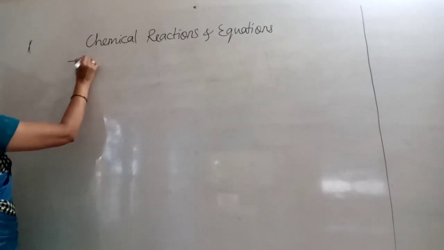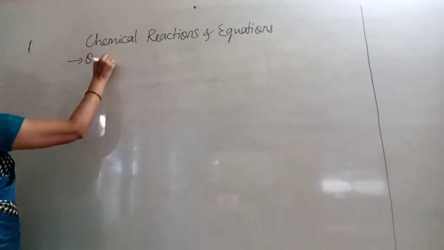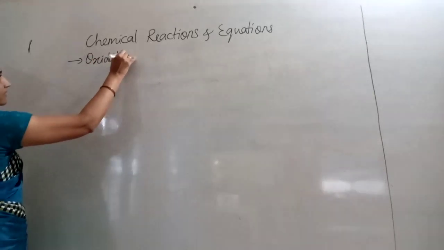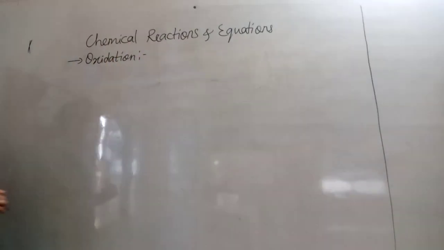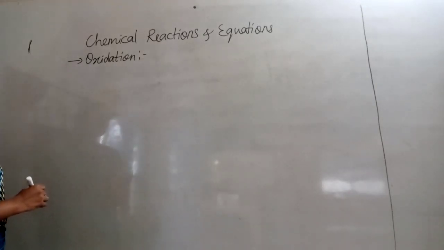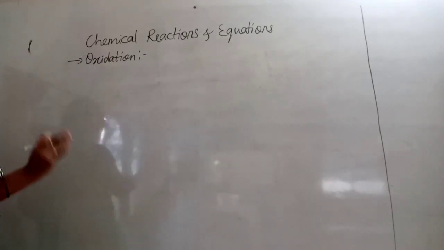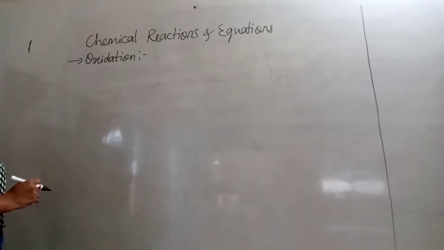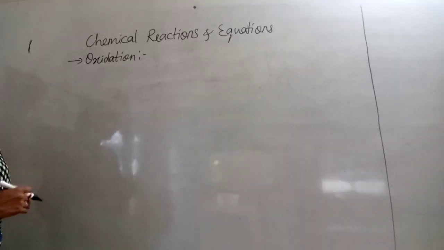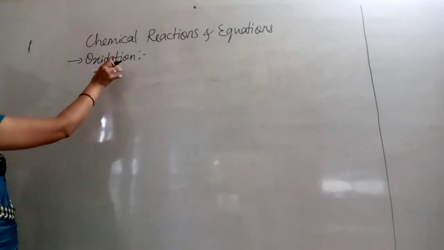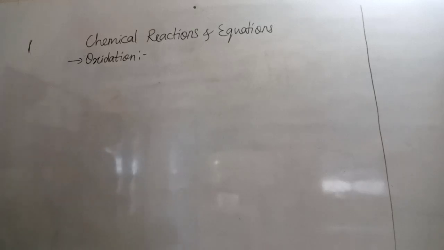So first we will go to oxidation. The reaction which takes place in presence of oxygen, or by adding oxygen to a substance to form some new product, we say that is oxidation.